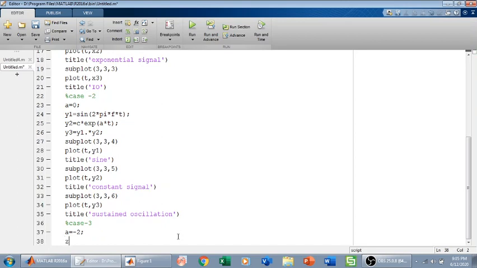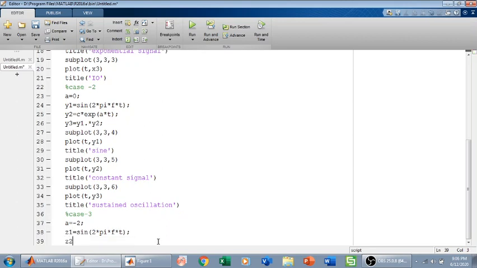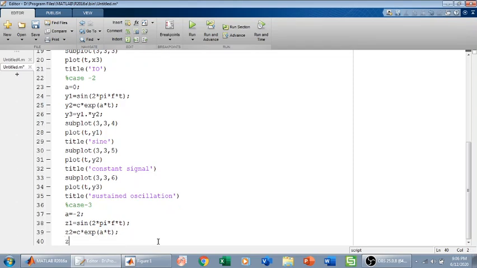Again I will plot the sine wave. Let me define this sine wave again and give it the name z1. Then I have z2, which is again the exponential signal, but this time I have a negative value of a, which means it is going to give a decreasing oscillation.